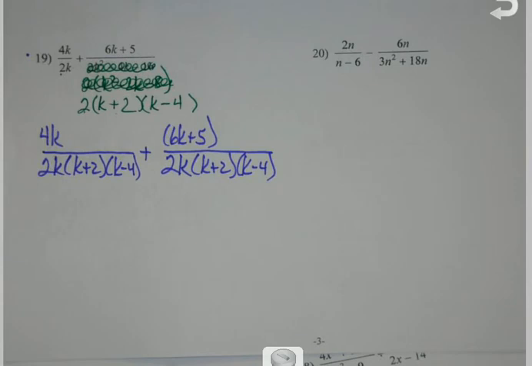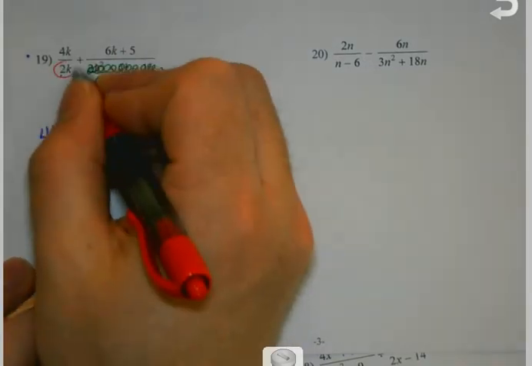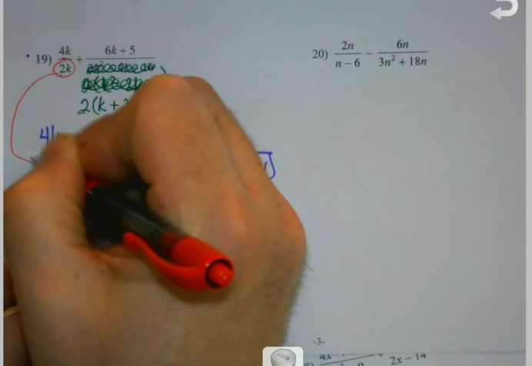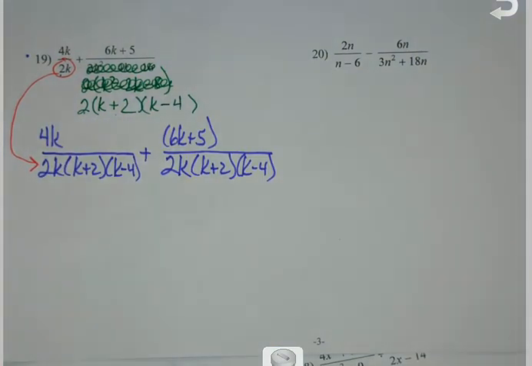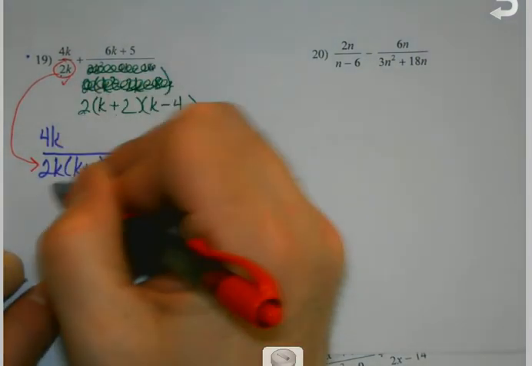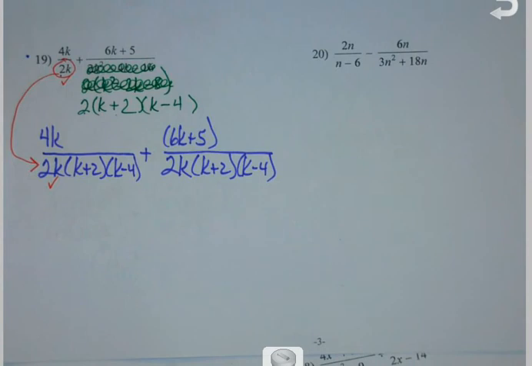Like, all right. Now this first one is going to get a little messy. Because you're like, I'm trying to get from here to here. I mean, I see I've got the 2k. Okay, that's fine. That's dandy. But I didn't check off the k plus 2 or the k minus 4.